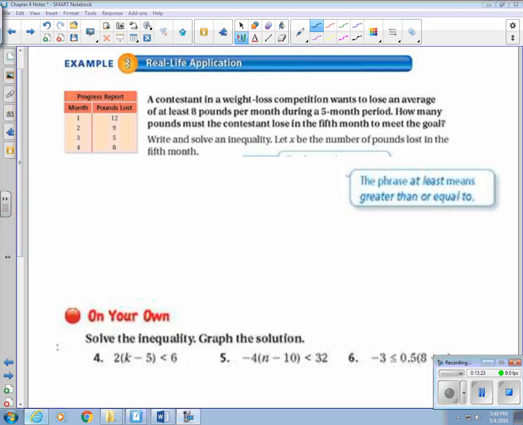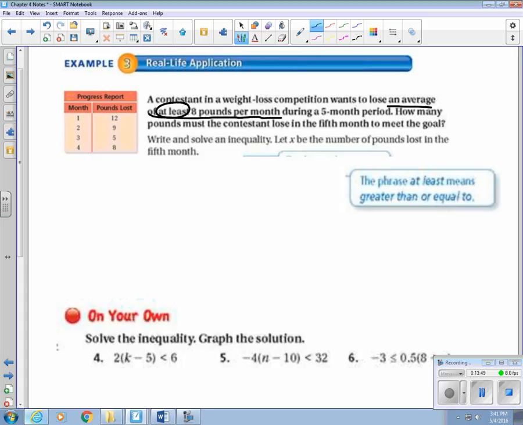Okay, we need to look at this question a little more carefully and really see what it's asking about. It says we want to lose an average of at least 8 pounds per month. So what does at least tell us? At least means that's the lowest that it can be. So whatever we're going to lose has to be 8 or bigger per month.